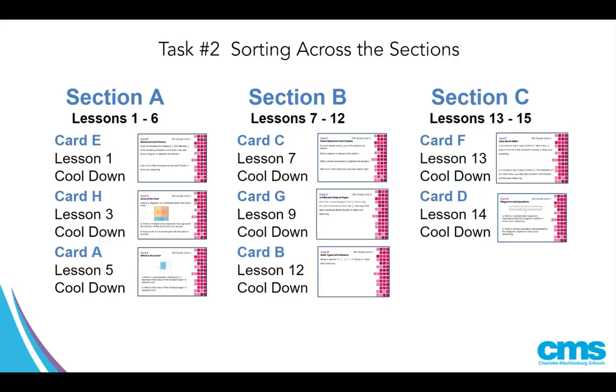For Section C, cards F and D involve both multiplication and division. On card F, there are 2 similar sounding problems. However, one describes a division situation and the other describes a multiplication situation.